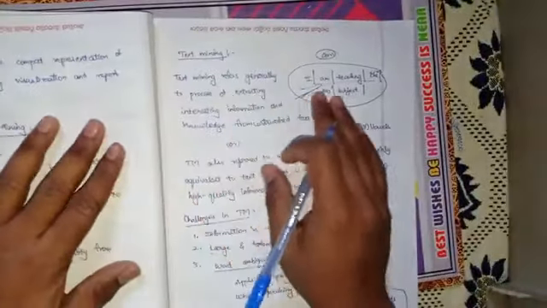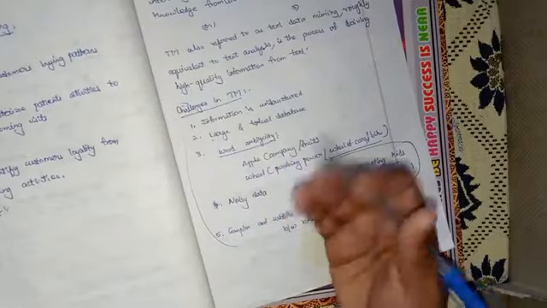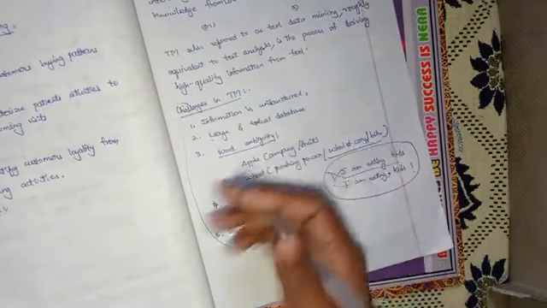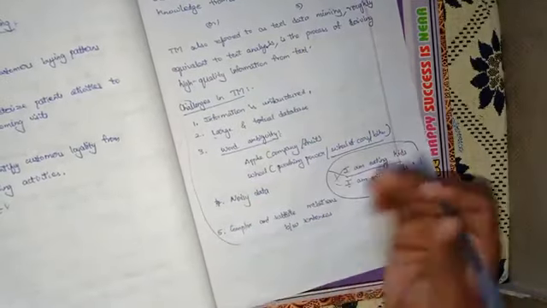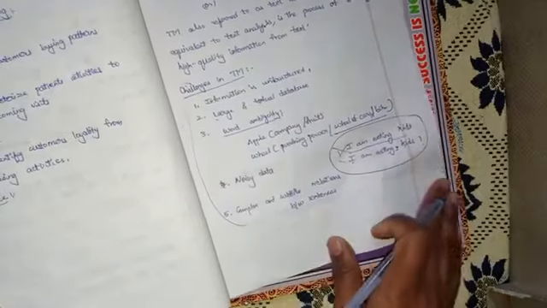So what we have seen so far is text mining. So what is text mining? We have explained what text mining is, and we have seen the challenges of text mining: that information is unstructured, it has large textual databases, it has ambiguity, noisy data is present, and complex relationships between entities are present.